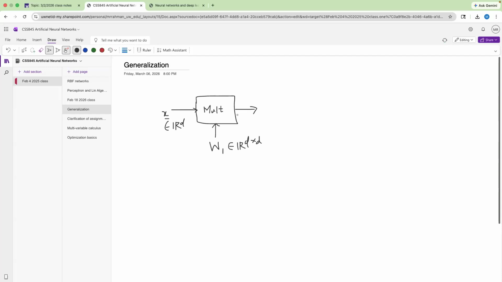And then from here, I get an activation A, which is a vector, and let's call it A1. This is W1 matrix times vector.